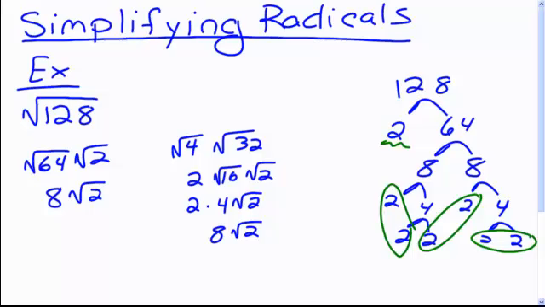So if I look at 2 times 2, well that's 4, square root of that is 2, 2 times 2, this pair here, square root of that is 2, and then I have this lone one, it doesn't have a partner, which is still going to go under the radical. So 2 times 2 times 2 is 8 times the square root of 2. Again, square roots, you probably know them a little bit more. You're less likely to use this third option.